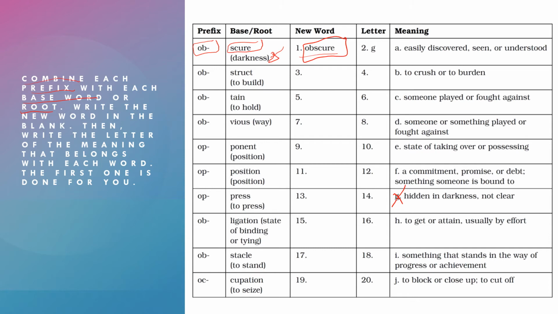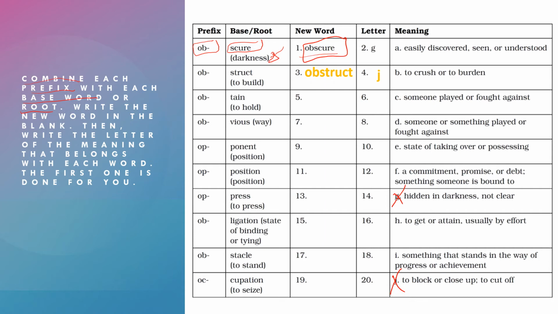Struct means to build. Obstruct, together. The first thing we have to do is put them together. So it is obstruct. Then what is the meaning of obstruct? It's J, the last one, to block or close up, to cut off. To block something. Obstruct, this is the new meaning.